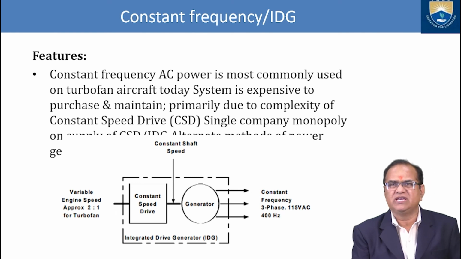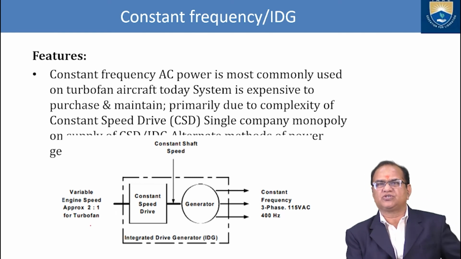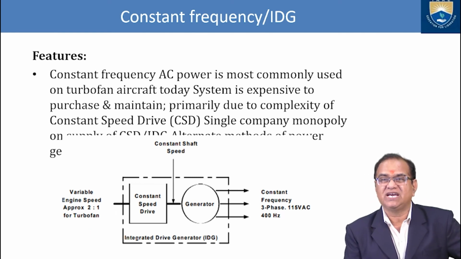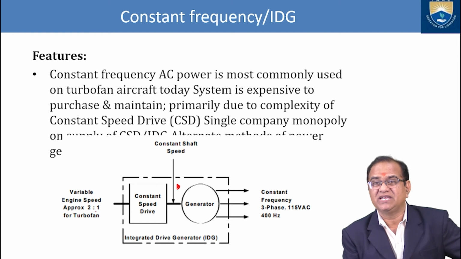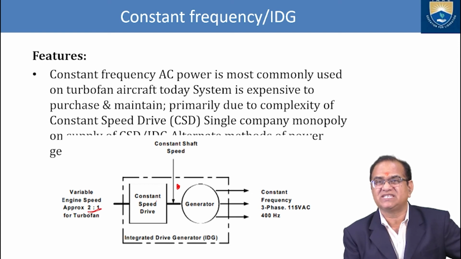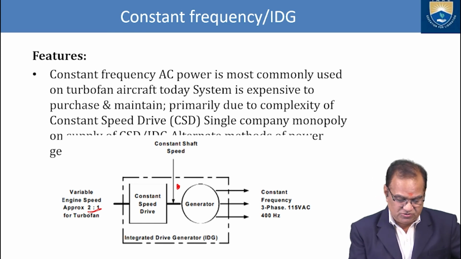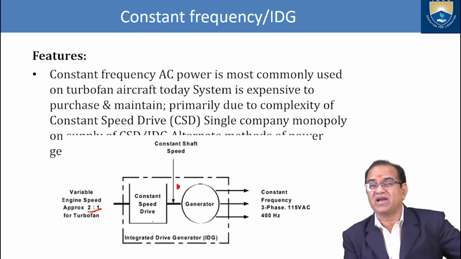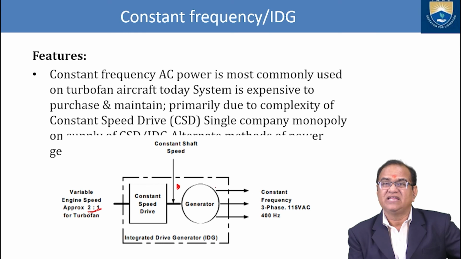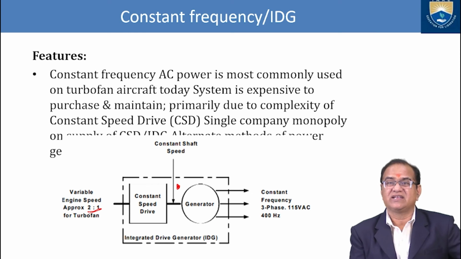The variable engine speed is approximately 2:1, and in this system the generator will always get a constant speed, though the engine speed varies. This is achieved by the constant speed drive mechanism, and that is why it is very costly, and this gives an integrated drive generator.